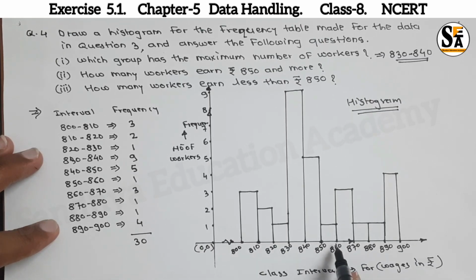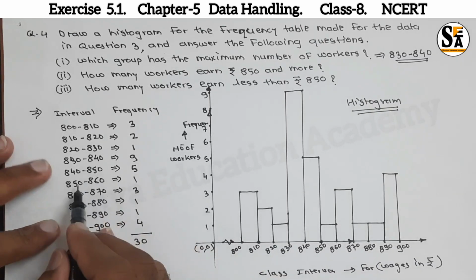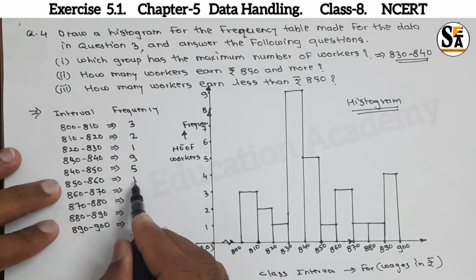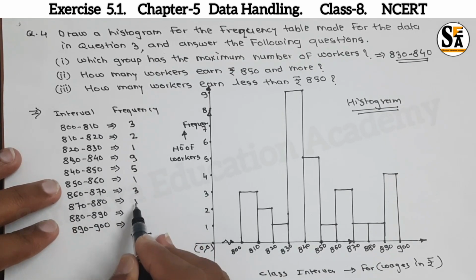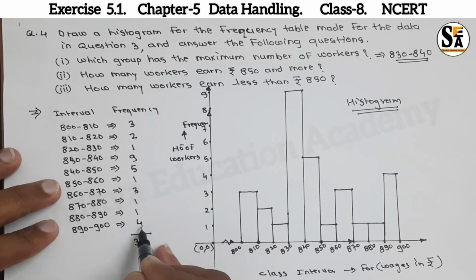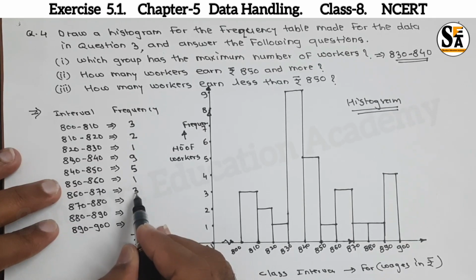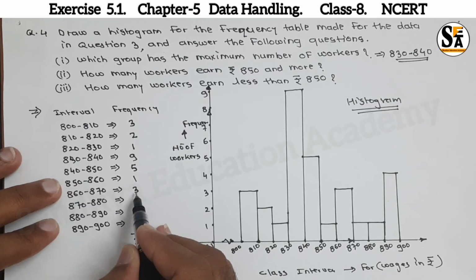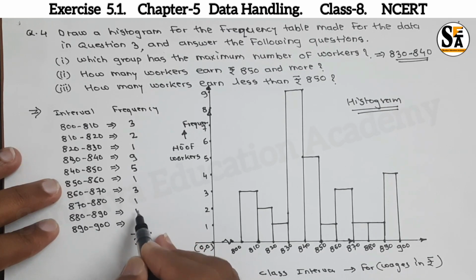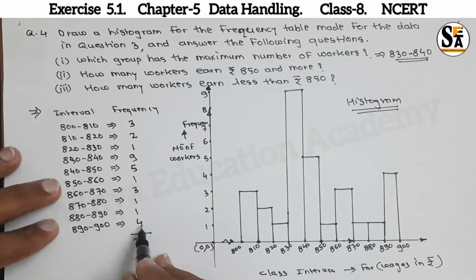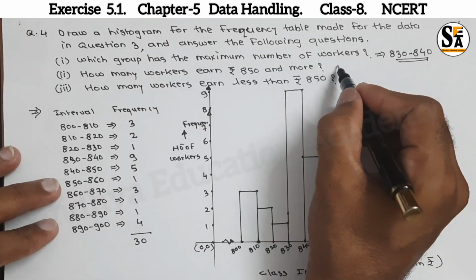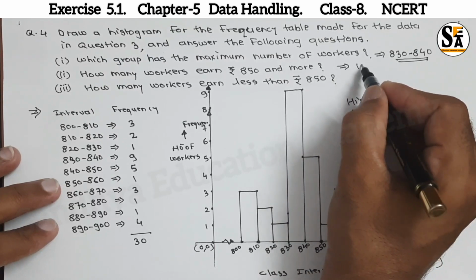What is the calculation? 1 plus 3 plus 1 plus 1 plus 4. 1 plus 3 is 4, plus 1 is 5, 6, and plus 4 is 10. So the answer is 10 workers.